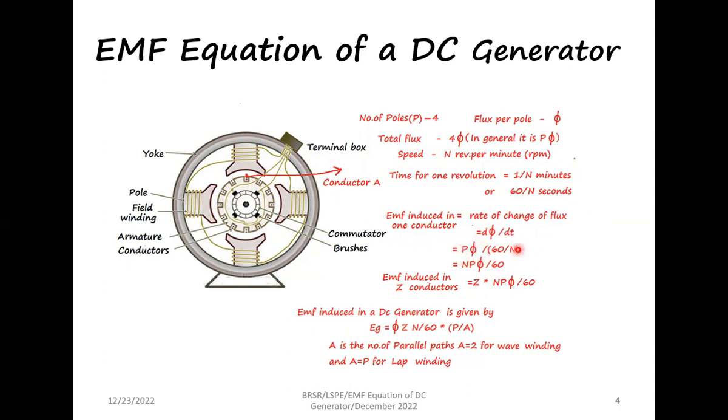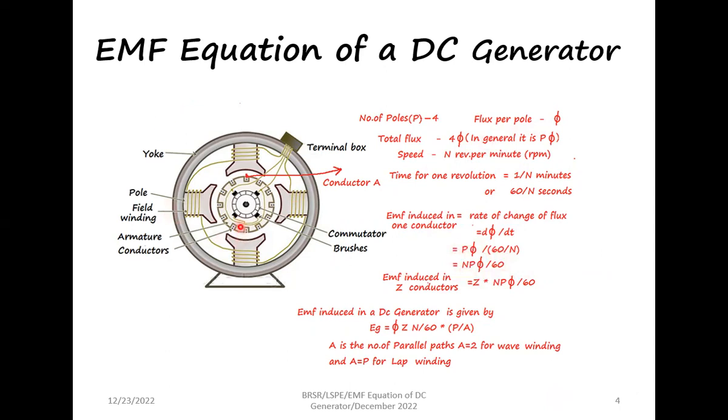Changing this to revolutions per second, d phi by dt becomes P phi divided by the time, 60 by n. So P phi by 60 by n is rewritten as NP phi by 60. This is for a single conductor.